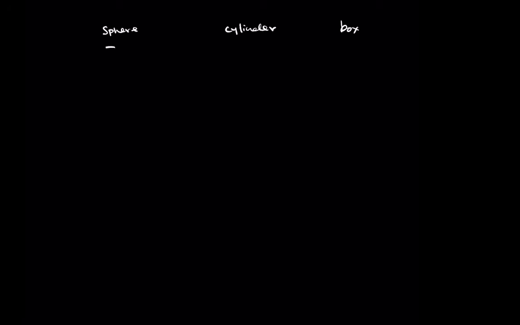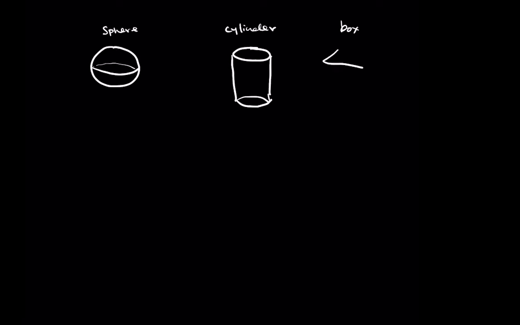So the sphere, let's say we have a sphere. Here's a drawing of a sphere. We have cylinders. They look something like this. And then a box would look something like this. Not the best artist, but you get the idea, okay?